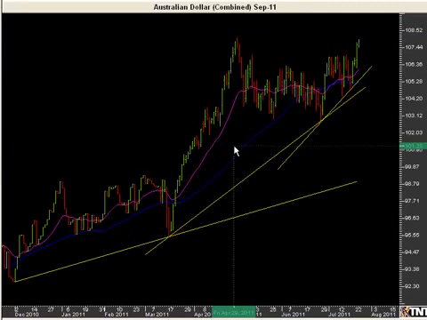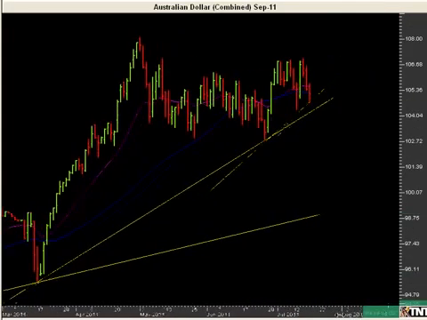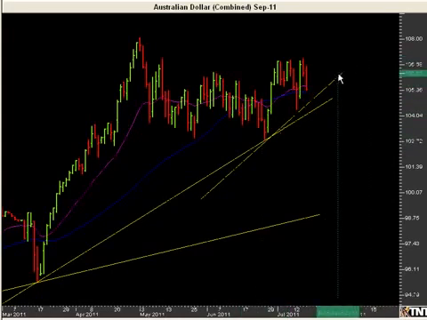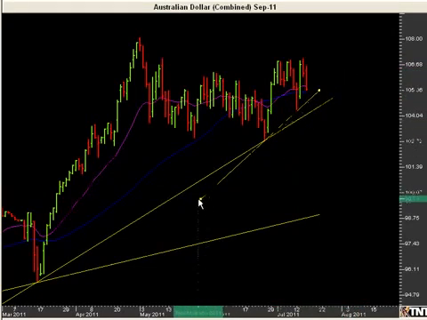Alright, so how do we trade the moving average lines? Well, let's back this chart up a few days, and I will show you what we could have done had I been paying closer attention to the September Australian dollar. When the market was like this, we already had enough information to draw a short-term trend line.